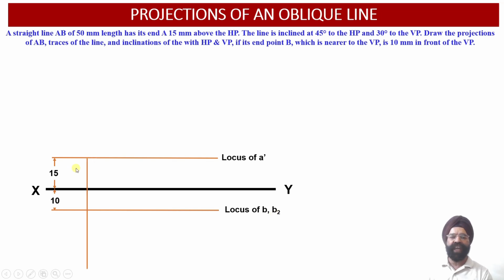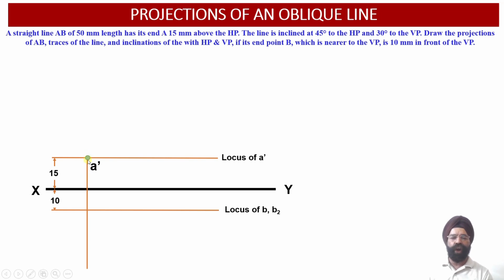So now we have to mark point A dash onto this horizontal locus line. We can mark this point anywhere onto this horizontal locus line. The moment we mark a point A dash onto this horizontal locus line, it means that this point A dash lies at a distance of 15 millimeter above the horizontal plane.